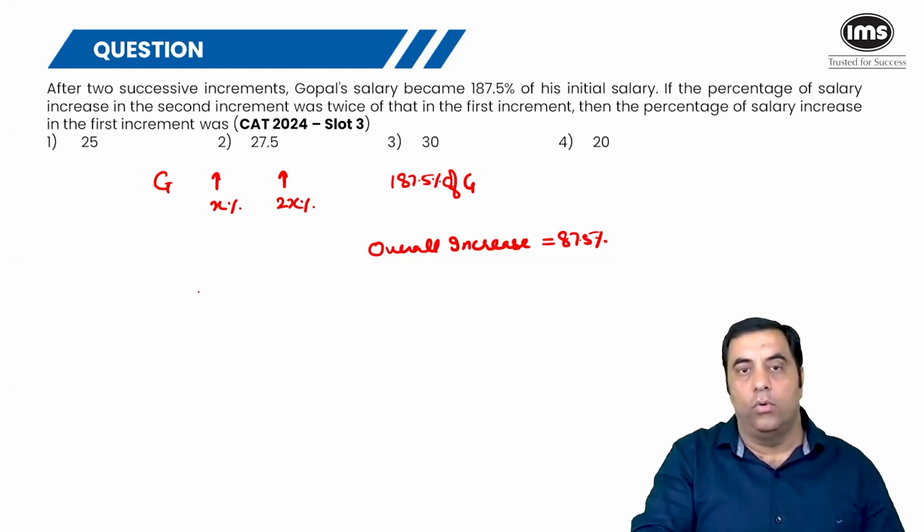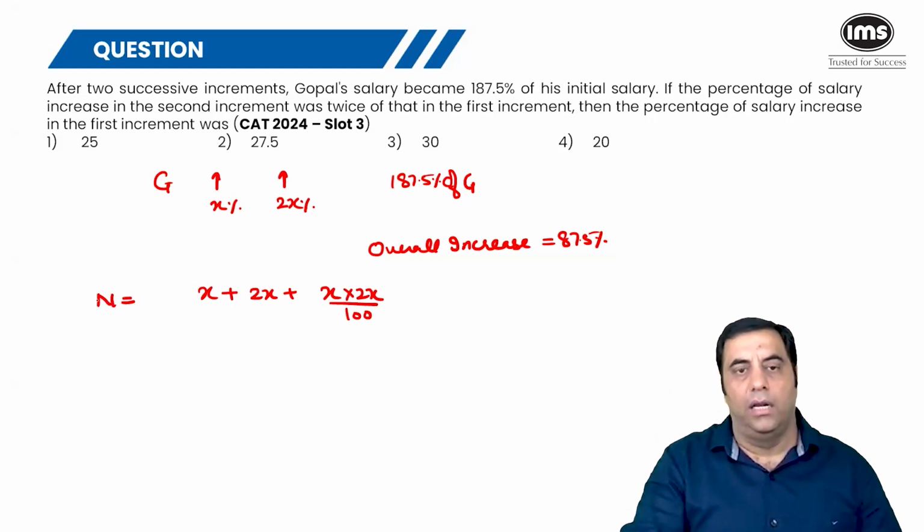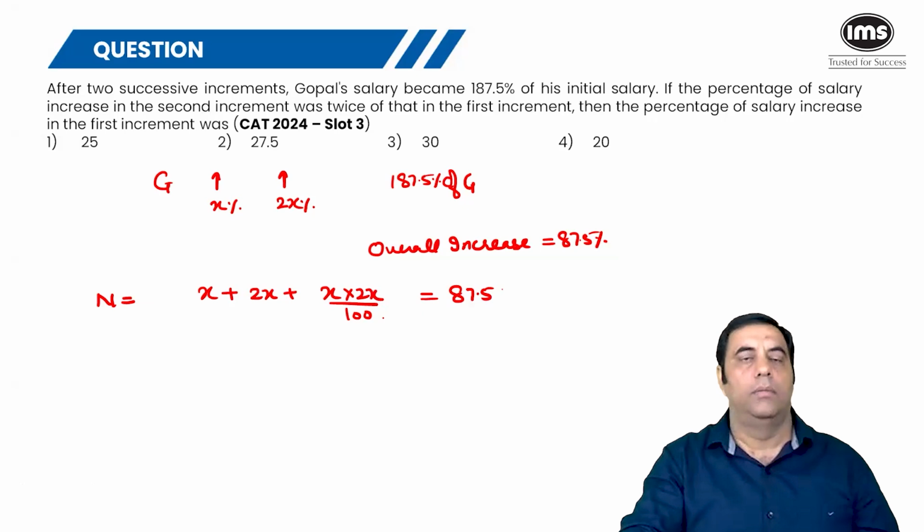And therefore I will use A plus B plus AB by 100, that is the formula for the net change of successive changes. And I want that net change to be equal to 87.5%.